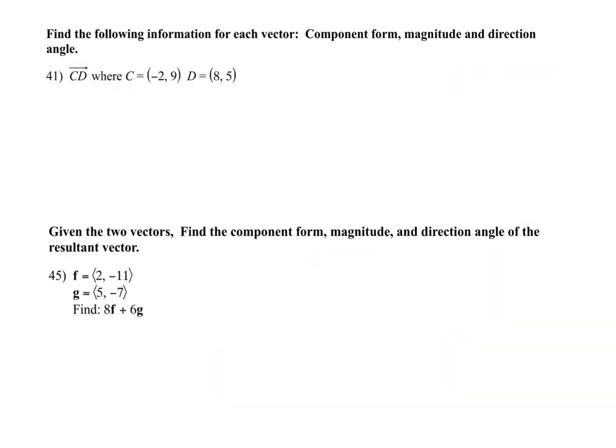All right. For vectors, it says find the following information: component form, magnitude, and direction. Remember when they give you the starting and ending of a vector, you just have to subtract to get your component form. So component form is just going to be your ending X minus your beginning X, your ending Y minus your beginning Y. So for this one, ending X is 8, beginning X is -2.